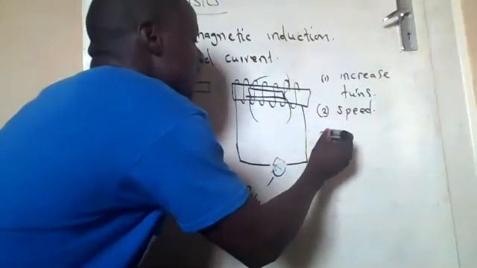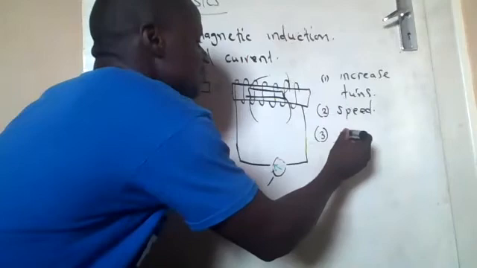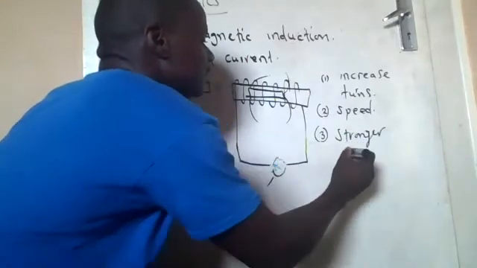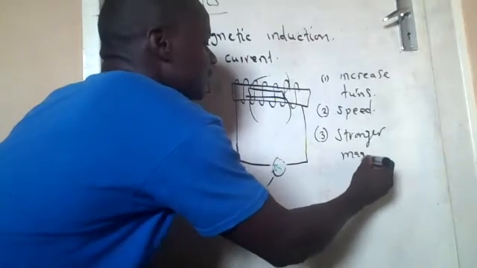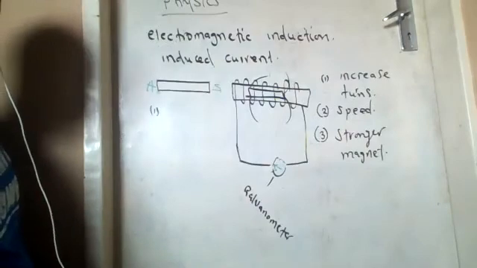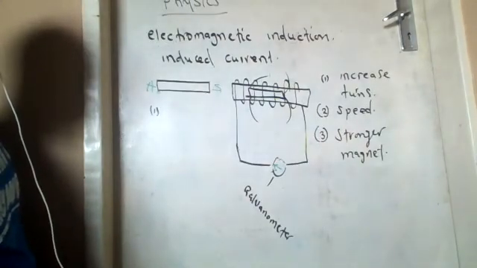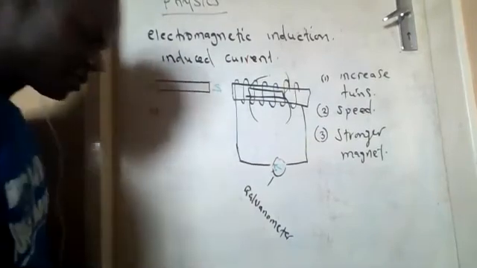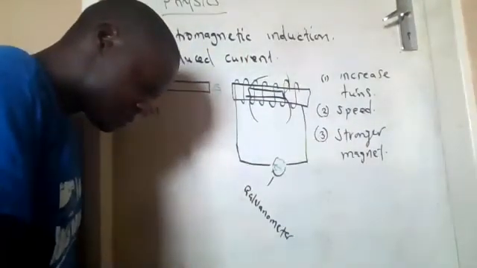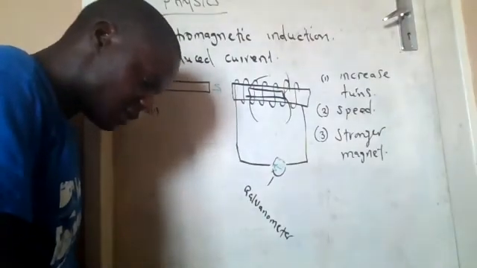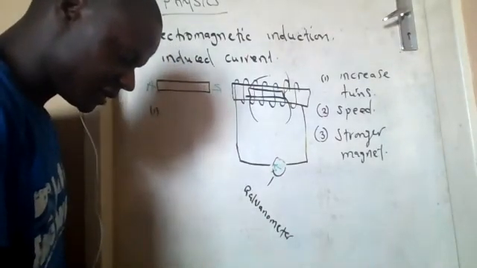Then the third one is to use a stronger magnet. Are these there in the notes that I sent you? Oh yeah, they are there. If you have written them, that's better.